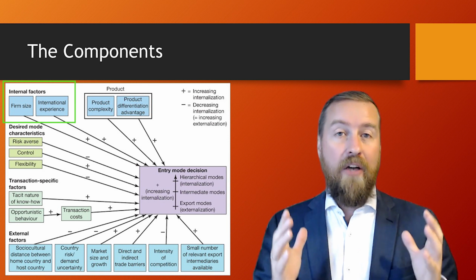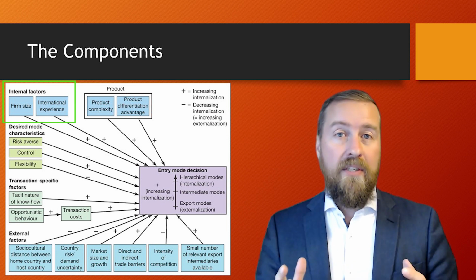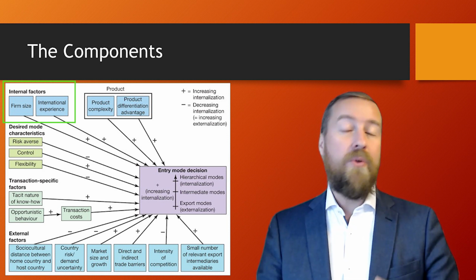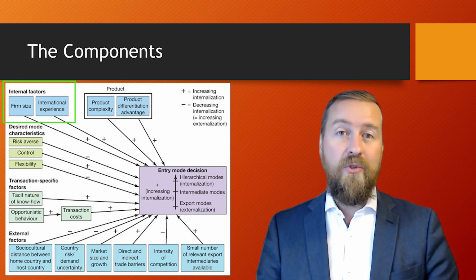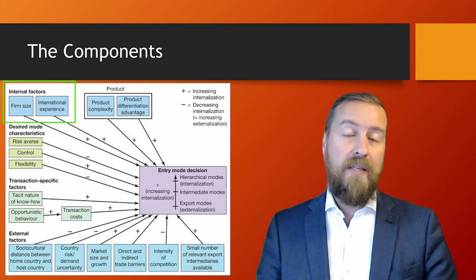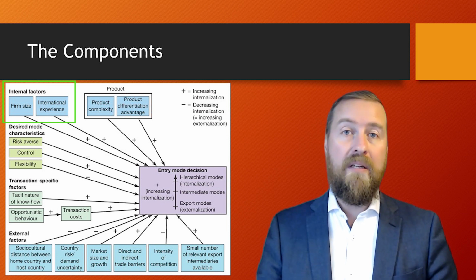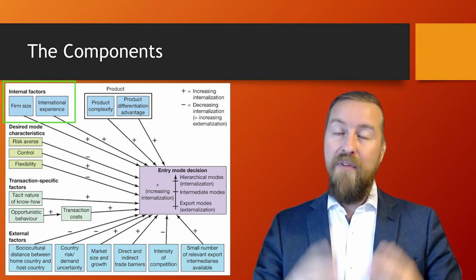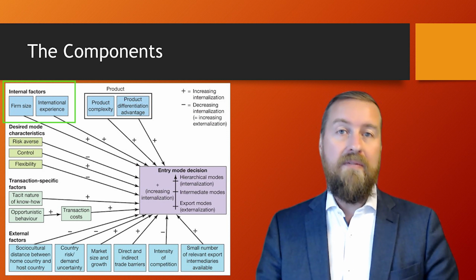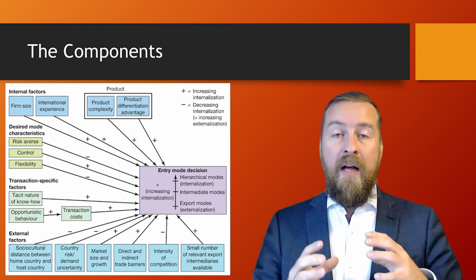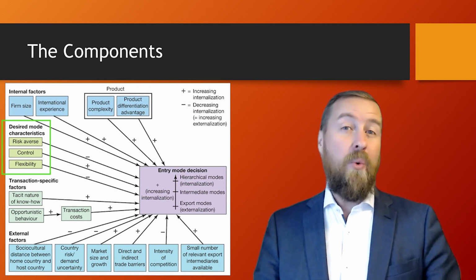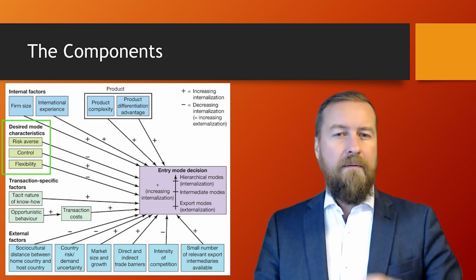If it's a large company with a lot of international experience, well, they're more likely to go towards more advanced entry modes like foreign direct investment, even greenfield investment, where you will buy up a field, build a factory, and service that market. The next section is called the desired mode characteristics.